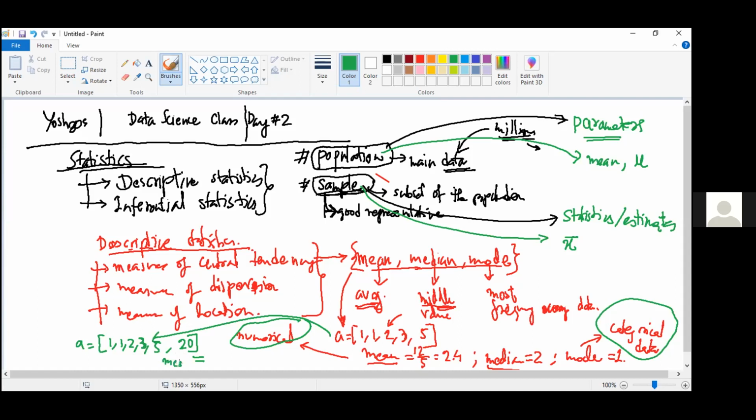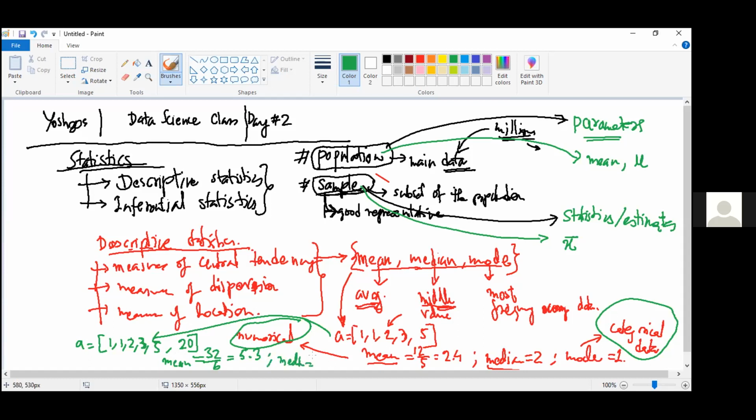The new sum will be 32, divided by 6 observations. So the new mean will become 5.3 something.